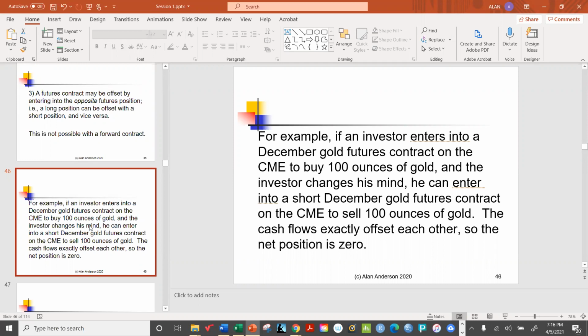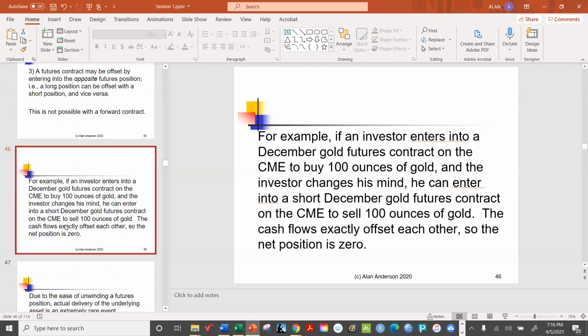Something like this isn't normally feasible with a forward contract. If you enter into a forward contract to do something, you're pretty much committed to doing it. That means you have more flexibility here. And so that's a very interesting point.